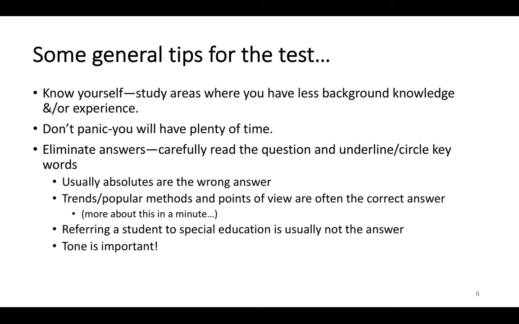So if we've eliminated and we're down to two and we're trying to decide which one is more closely aligned with what they want us to say, or which one is more closely aligned with that question that they've asked us, sometimes it has to do with a particular trend in language education like ESL or bilingual education, or it's that this point of view is more aligned with the ideologies or the belief systems of ESL educators. So I'll talk about this a little bit more in a minute.